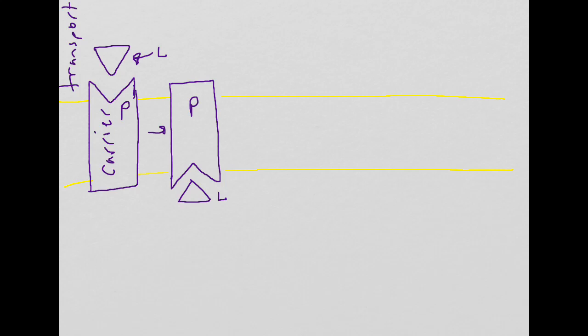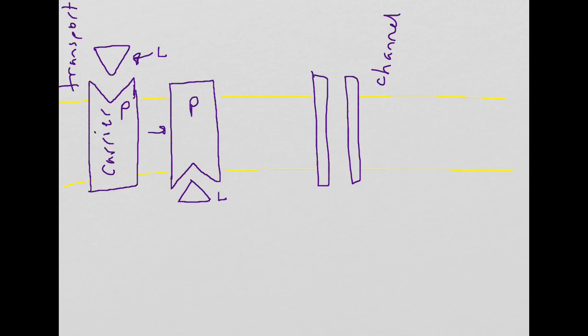All right, last one, then, the two types of transport proteins that we talked about, carrier and channel. So the channel proteins are just that. They create a channel for something to go through.